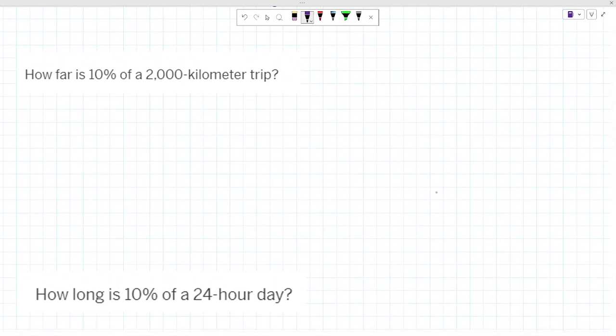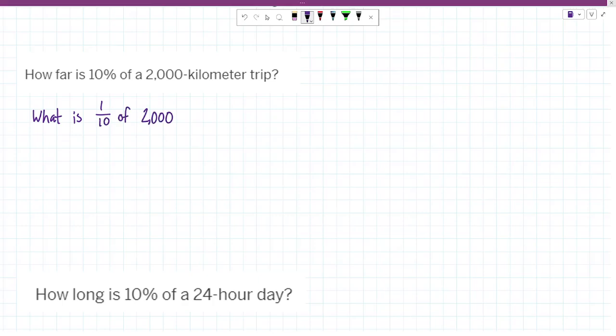So how far is 10% of a 2,000 kilometer trip? So what is 1/10 of 2,000 kilometers?